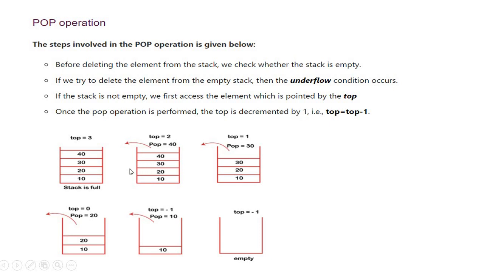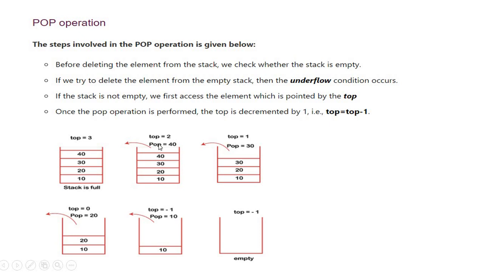So only the elements 10, 20 and 30 will be in the stack. Here one more thing to get clarity on is that we are not deleting any value at that particular position. Suppose the stack is full with 4 elements, the 40 will remain available in that stack. But now imagine the top value is 2.